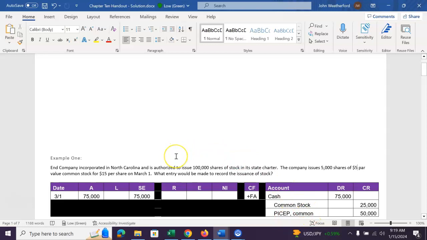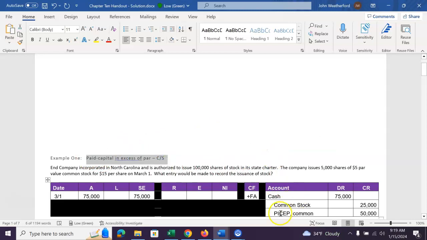You guys, you could write out the account like this: paid in capital in excess of par dash common stock, or dash common, or comma common. I just thought it might be helpful to see it written out the one time.